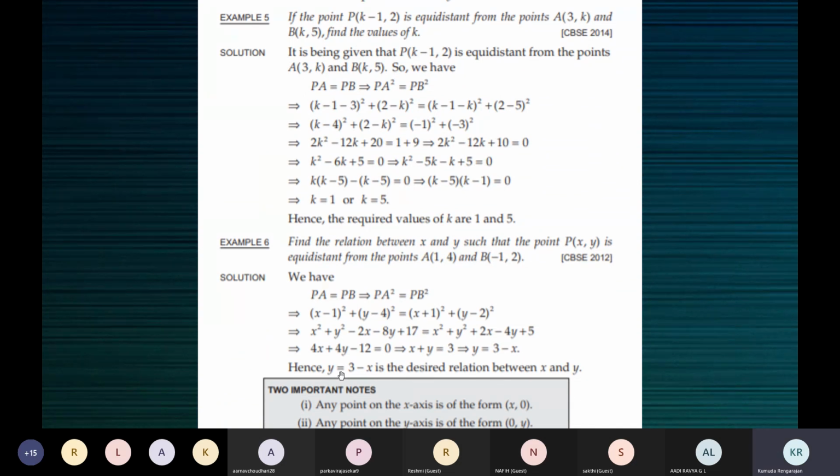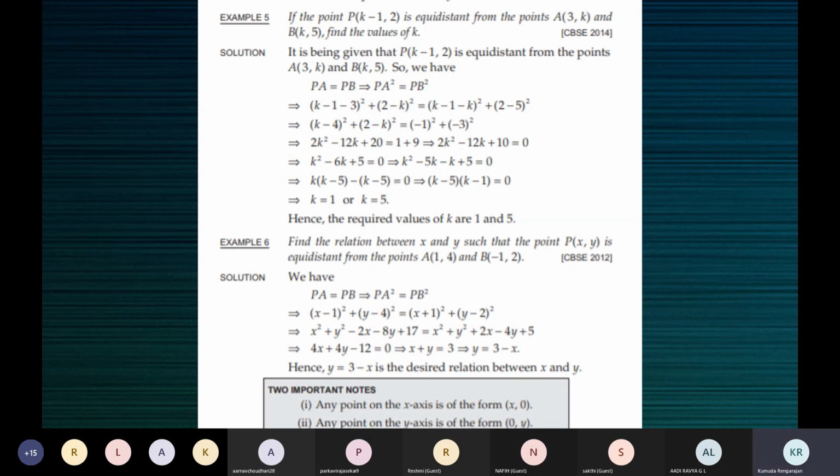Leave it like x plus y minus 3 is equal to 0. I think Parkavi and Shakti, both of you have got it right. Others? Leave it in the standard form. x plus y minus 3 is equal to 0.